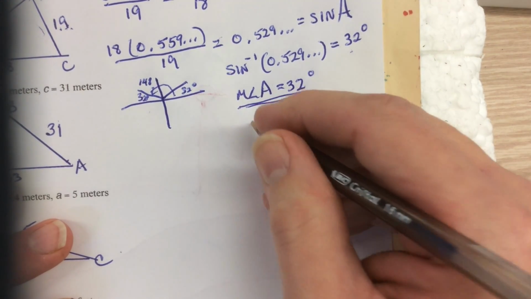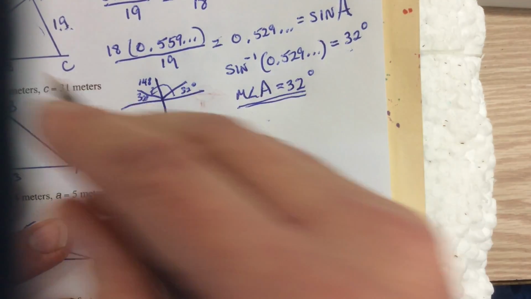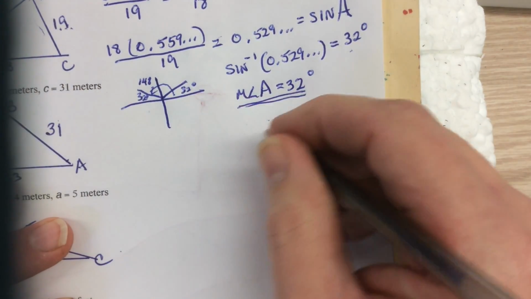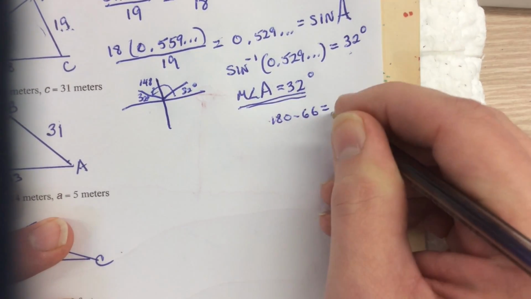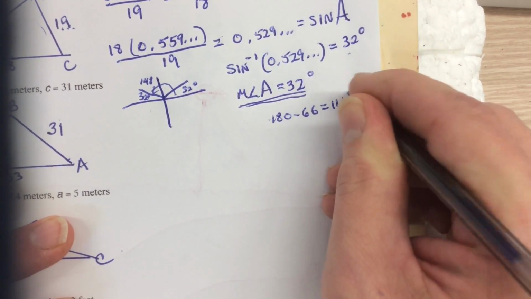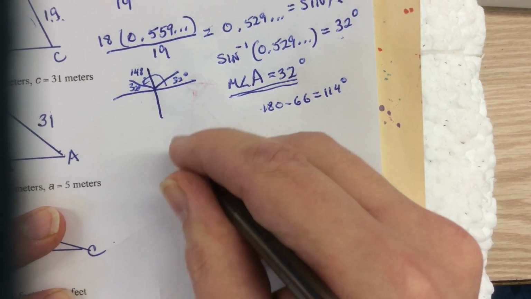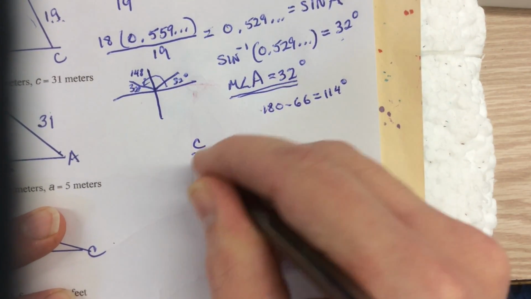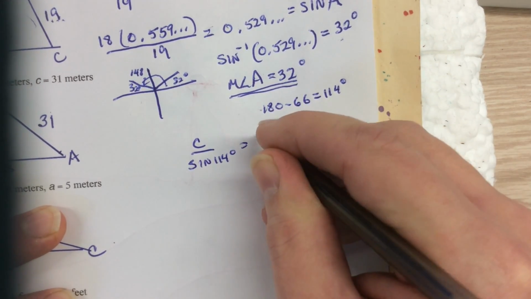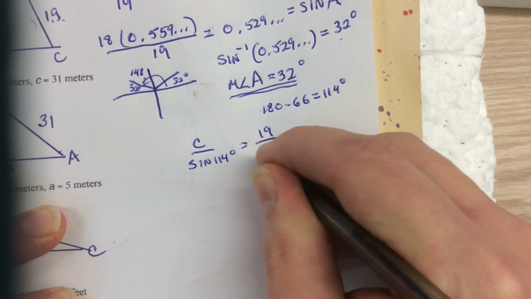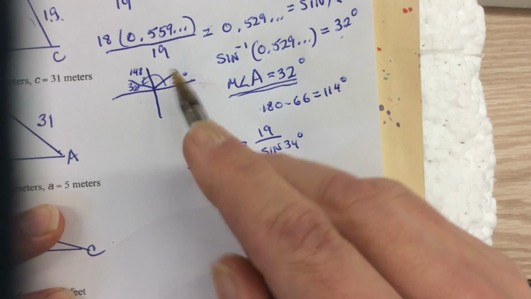And then, in order to get angle C, we have to add up 32 and 34, and that gives us 66. 180 minus 66 is equal to 114. So we need to use the law of sines one more time. And it says that C over the sine of 114 will equal 19 over the sine of 34. We already know the sine of 34.